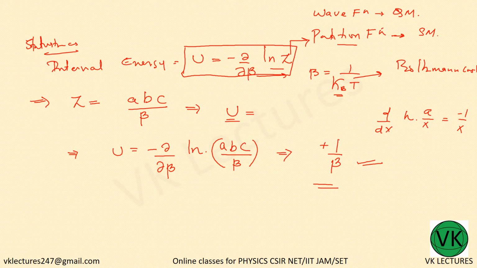Sorry, this is plus 1 by x. Sorry, this is minus 1. This is minus 1 by x in the denominator. So here you have already one minus sign. This minus sign will go with that minus sign, so we will get 1 by beta. Fine.